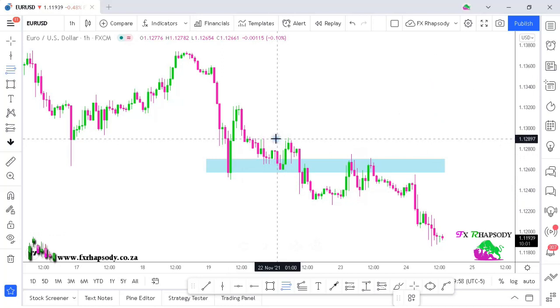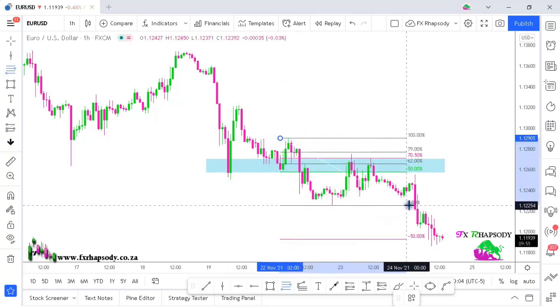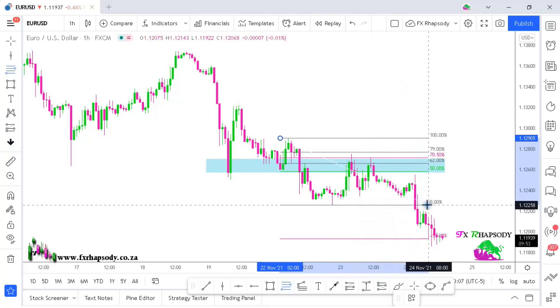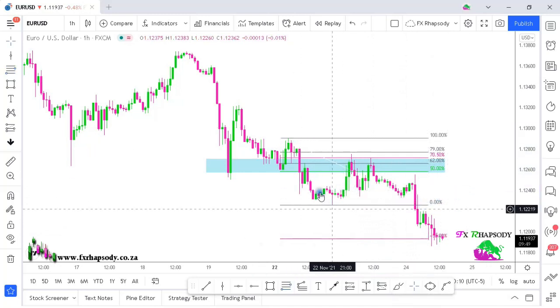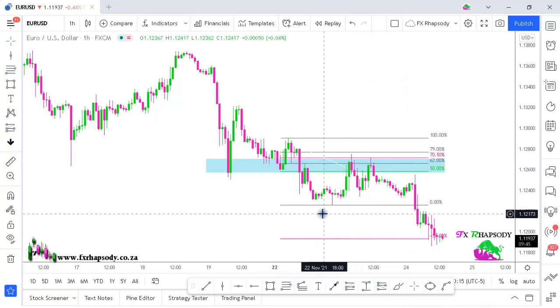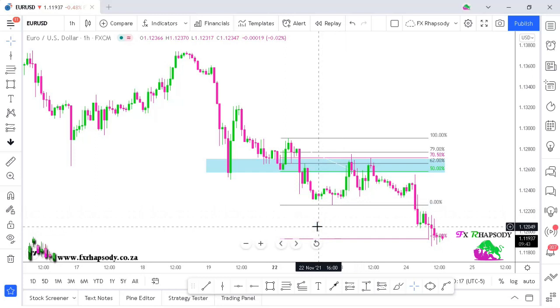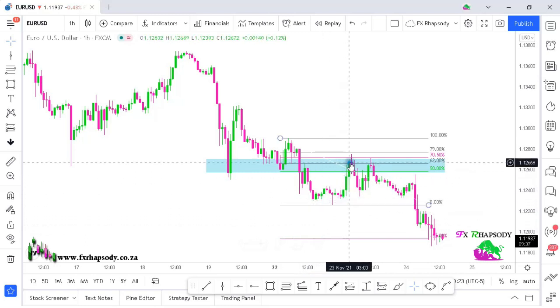There's my swing high over there, and this is my swing low. As you can see, I'm just pulling it sideways, from the swing high to the swing low. That is how I trade my Fibonacci. For those of you that haven't watched it, I put a link at the top there at the end of the video. Go watch it. So you can see Fibonacci pulling up, price going back.